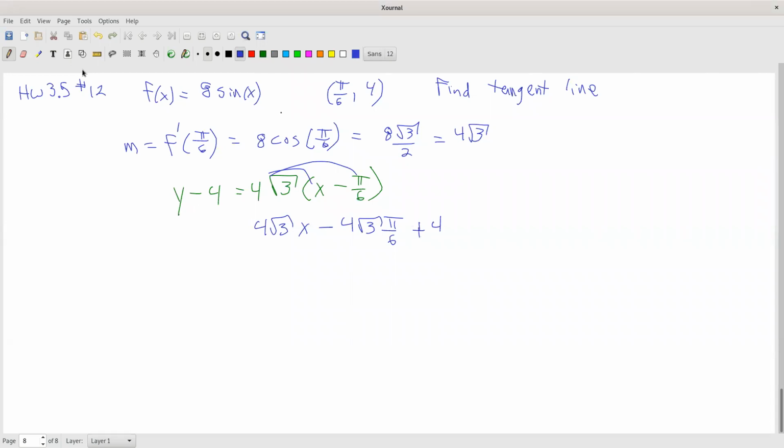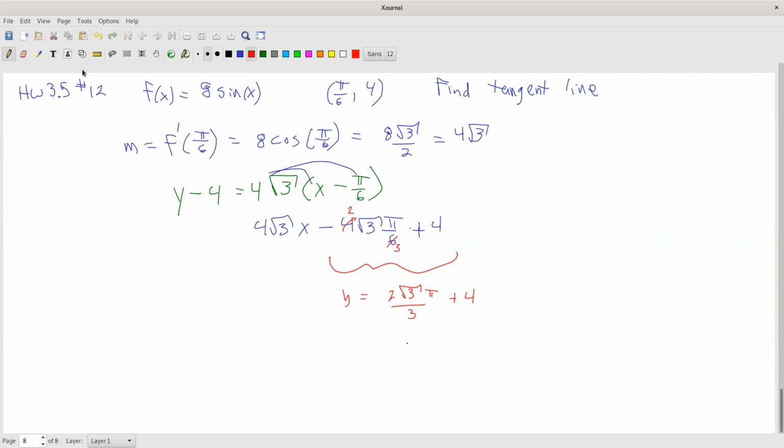This cleans up a tiny bit, because 2 goes into 4 twice, and 2 goes into 6 three times. So my b here is 2 square root of 3 pi over 3 plus 4.